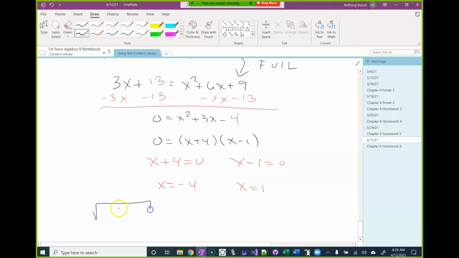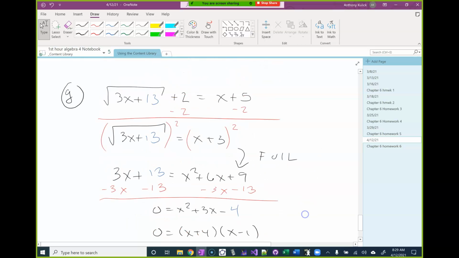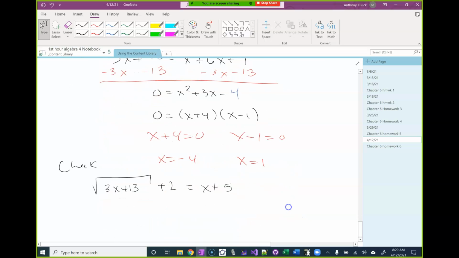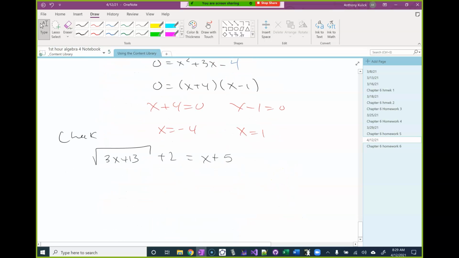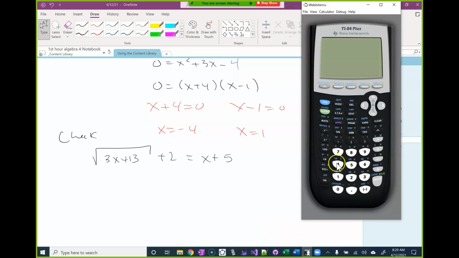So we have, what is it, the square root of 3x plus 13, plus 2 equals x plus 5, I think. So again, let's just use the calculator to do this rather than writing everything out.